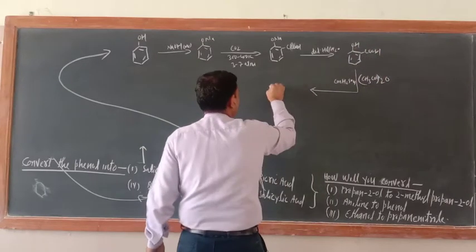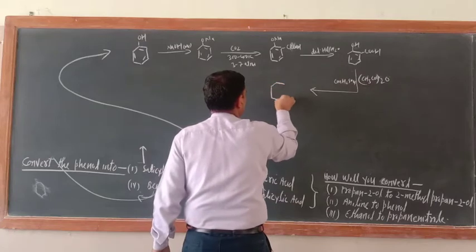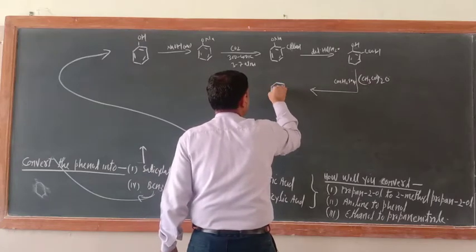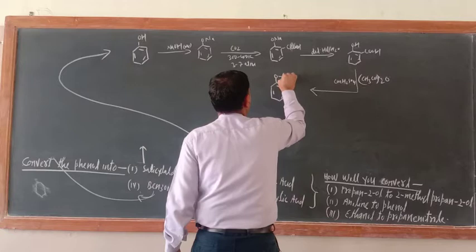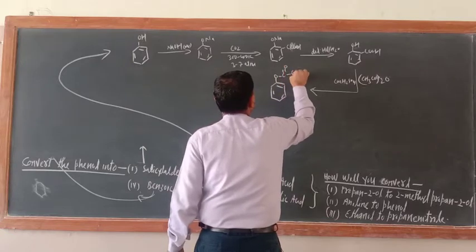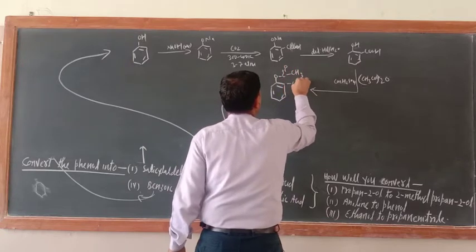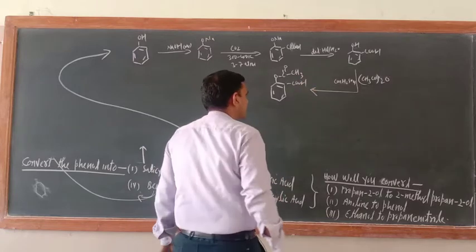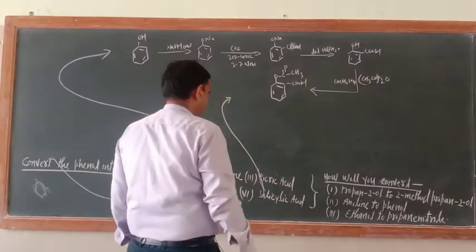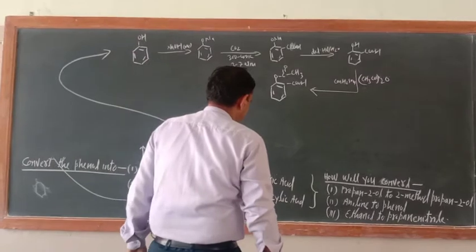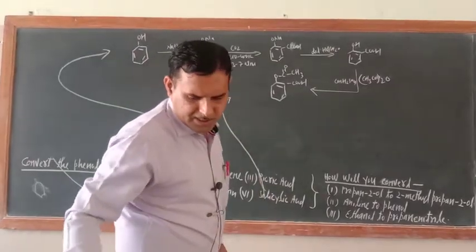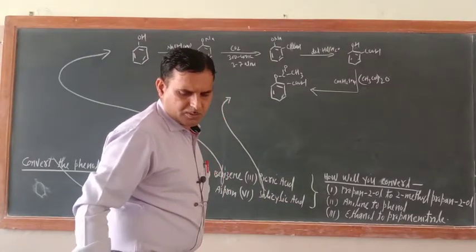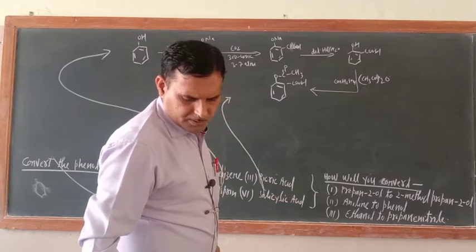COOH will remain unchanged. So here O, C double bond O, CH3, and COOH. Correct? This would be there. But you want to get the salicylic acid. So this is only aspirin. You have got this one.